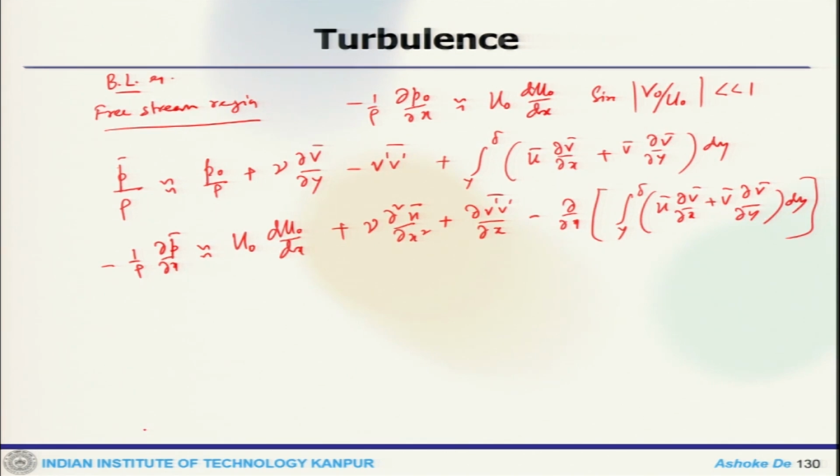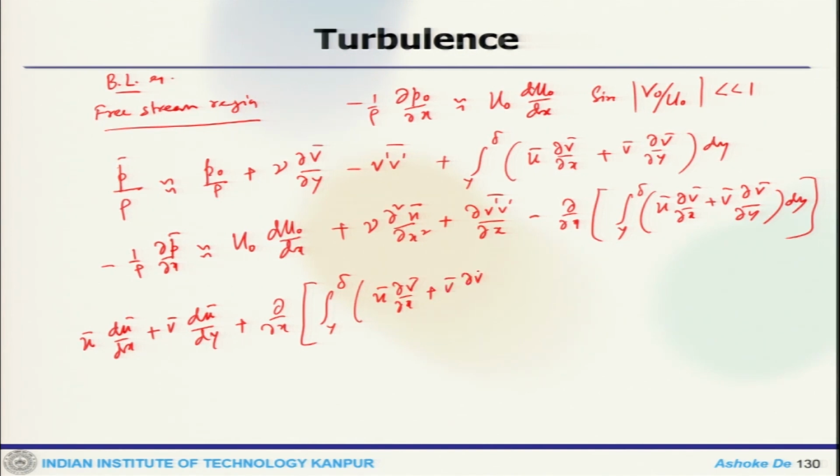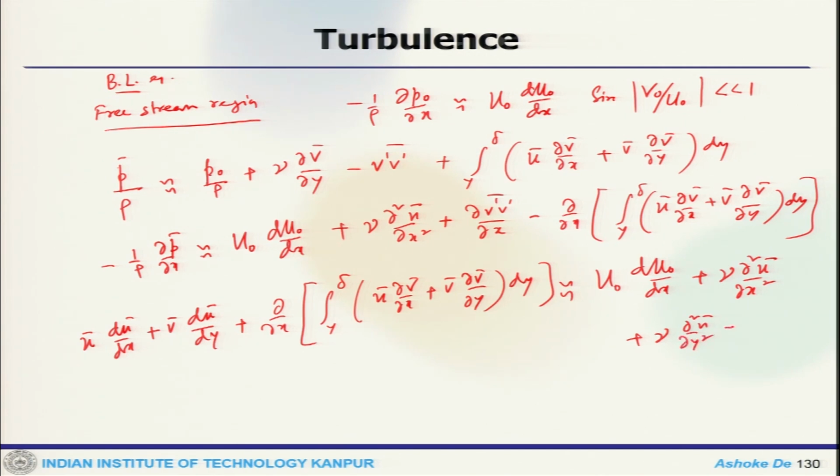Now, we can substitute the pressure gradient into this x momentum equation, and from the x momentum equation we get: u bar del u bar by del x plus v bar del u bar by del y equals u naught du naught by dx plus nu del 2 u bar by del y 2 minus del u prime v prime bar by del y.